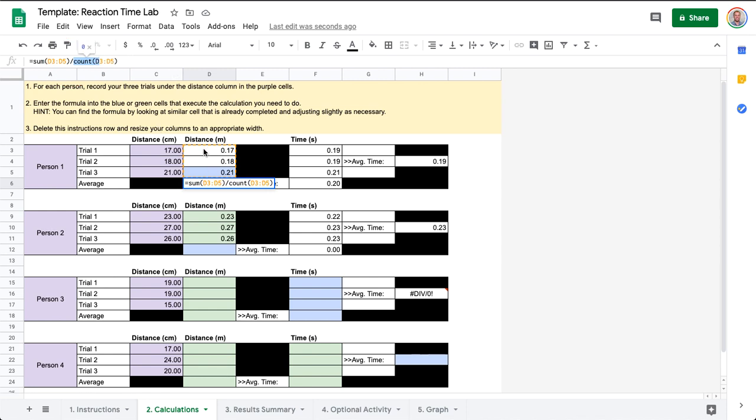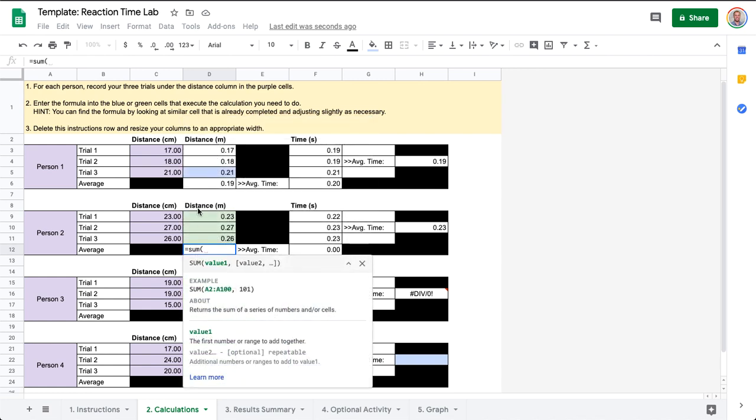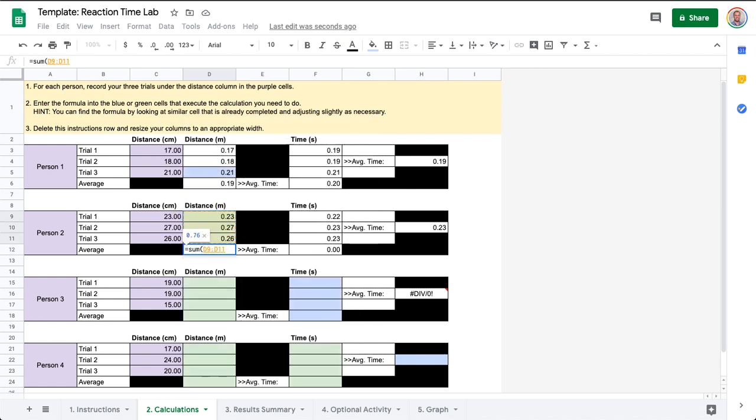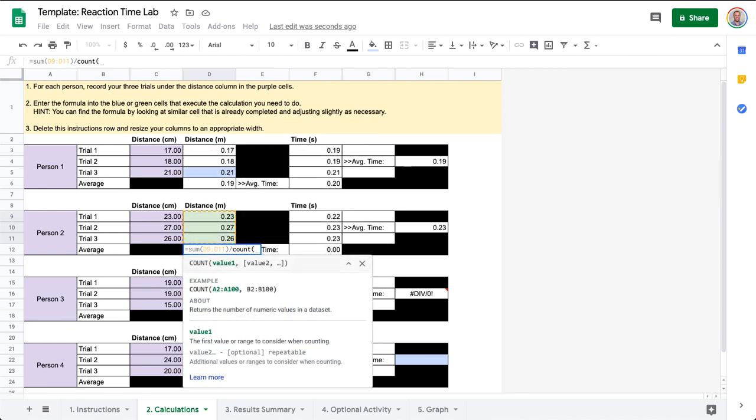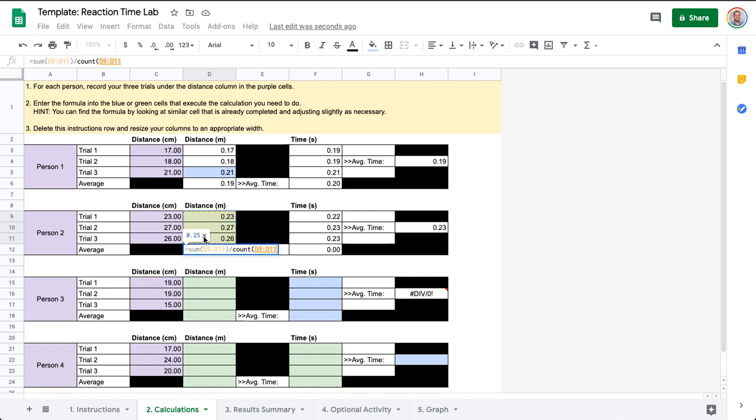In other words, it's looking at what these add up to and then dividing it by how many values I actually had. And that is the literal definition of the average function. So let's go ahead and do that. We'll say equals sum of these, close parentheses, divided by count of those. And there we go.